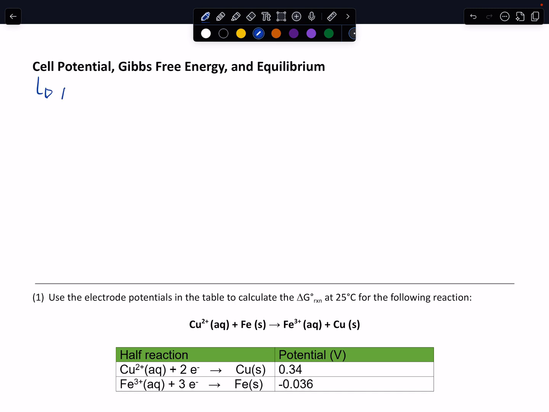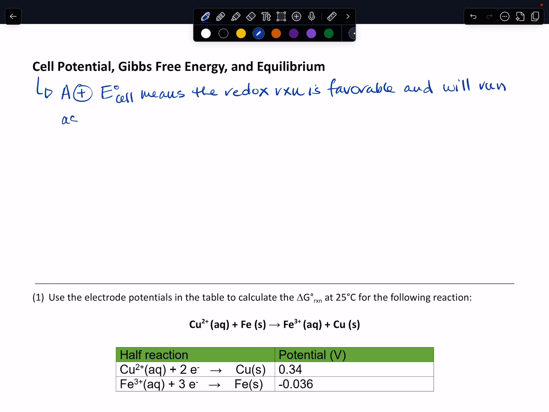All right, but as a reminder, a positive cell potential means the redox reaction is favorable. And remember, a redox reaction is where electrons are being transferred. If set up as a cell, it will run as written and produce an electrical current.